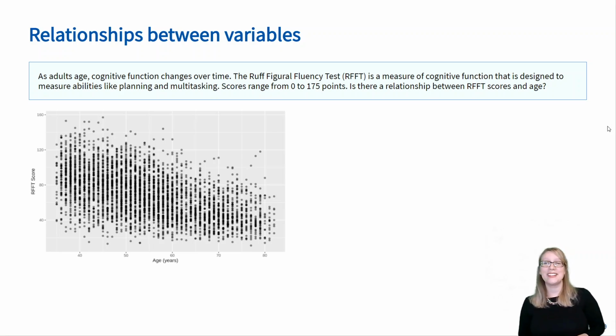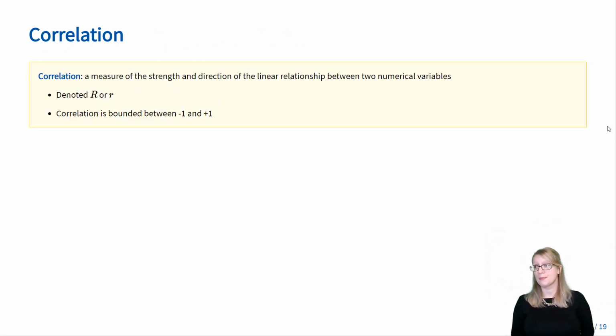Now, looking at this data, is there a relationship between RFFT scores and age? Looks like in general, as age is increasing, RFFT score is decreasing. However, there is certainly a lot of variation in this data.